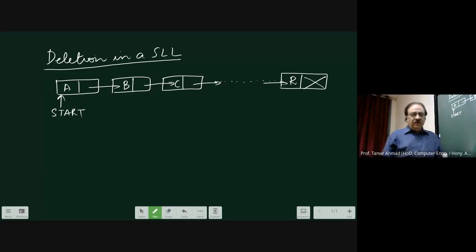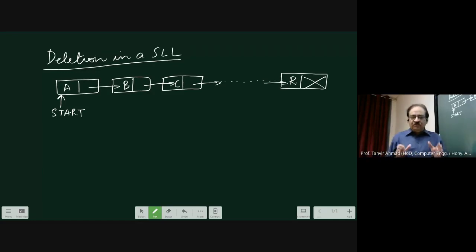Okay. Now, based on this, we can delete a node. If you are going to delete a node from here, you can delete the first node, the second node, third node, maybe nth node, or you can delete the last node, any one of them. Now, if you are going to delete the first node, it is very simple.